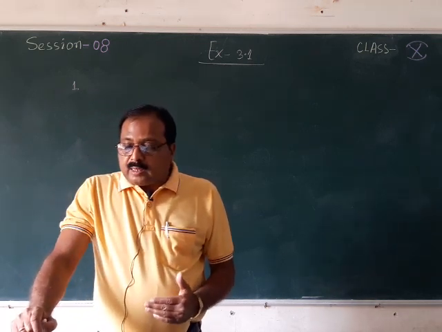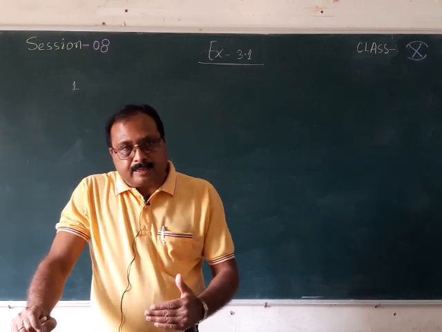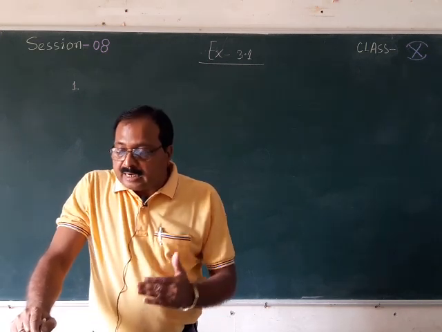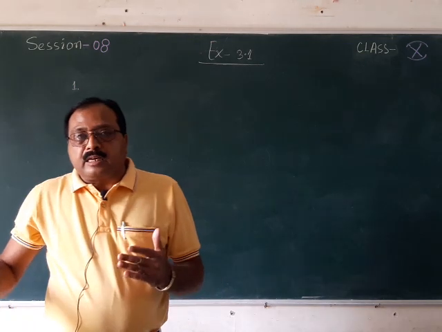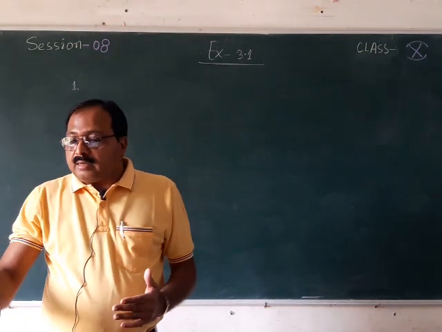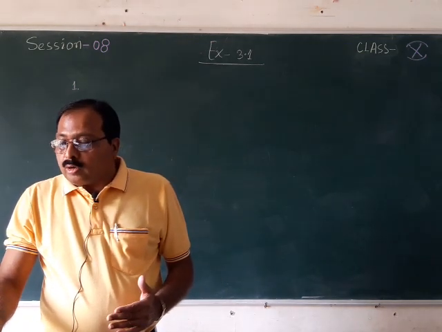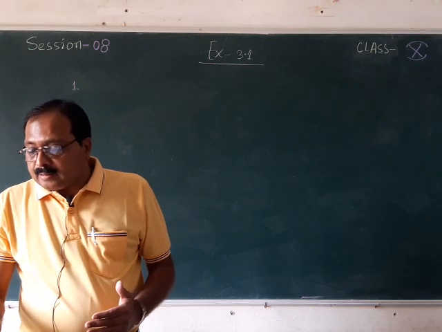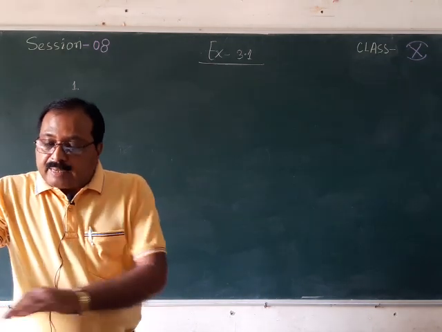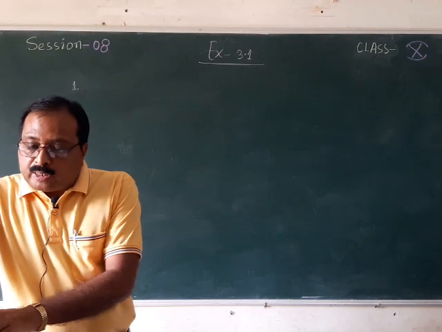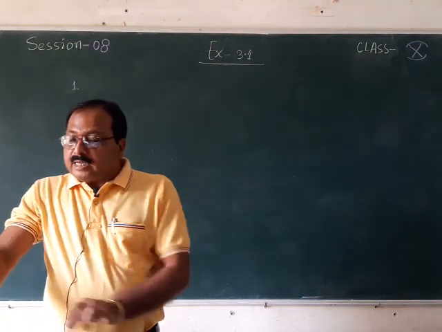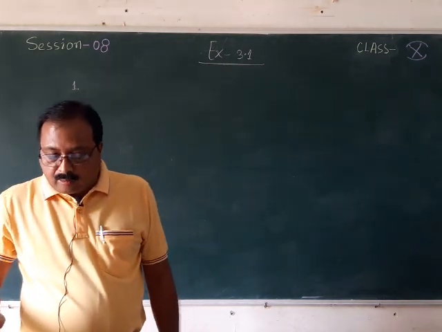Represent this situation algebraically and graphically. Algebraically means you need to write the linear equation, and graphically means you need to draw the graph of this equation. So they have told you to write the equations for this relation and then draw the graph of this.